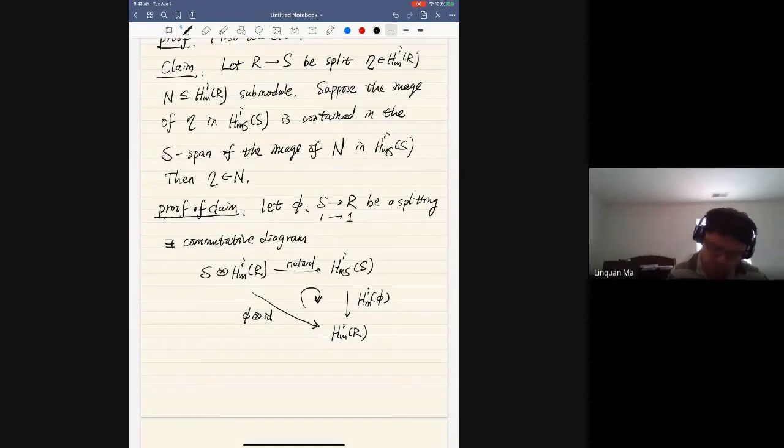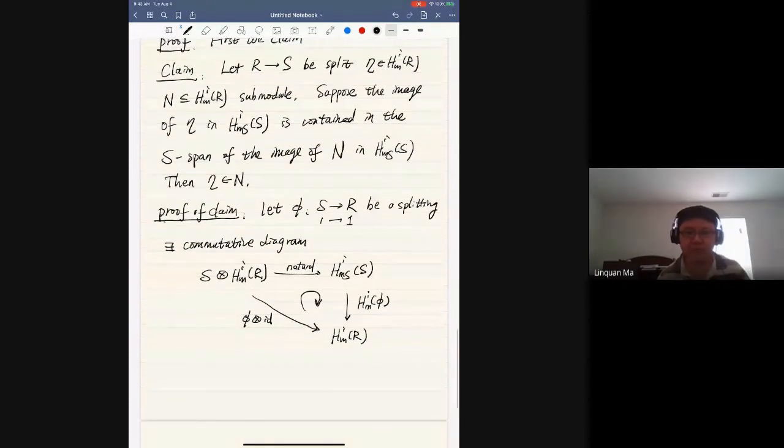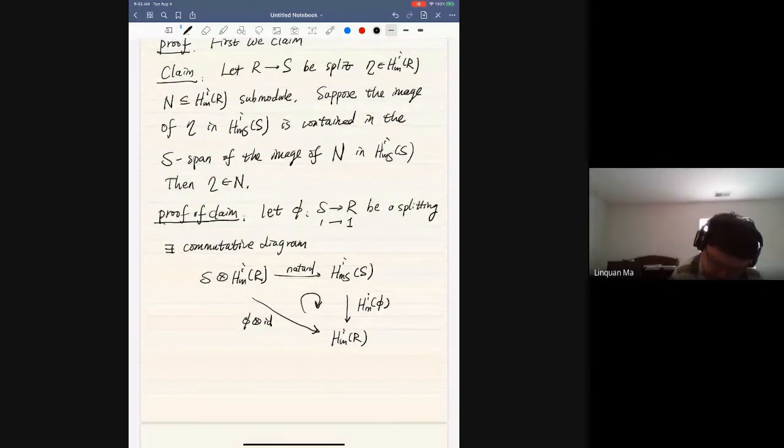Okay. And now let's just use this diagram to prove the claim. Maybe it's better to just mark this on the picture. So I have eta inside here, and I also have this capital N here. I want to show eta is inside N. So that's my goal. What I'm going to do is look at one tensor eta inside here.